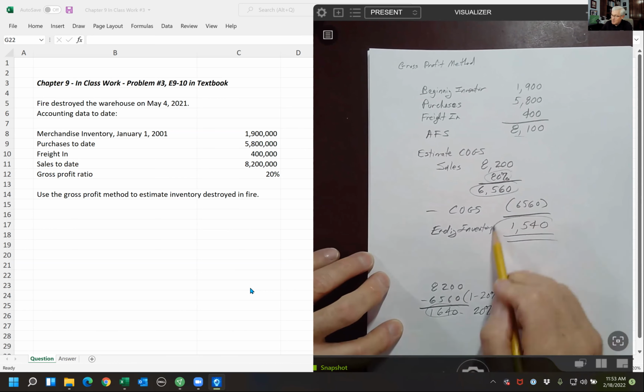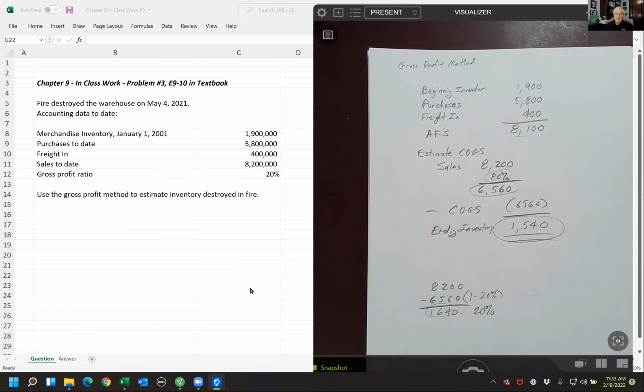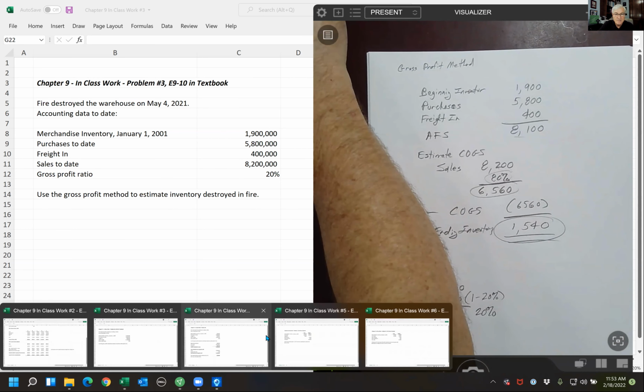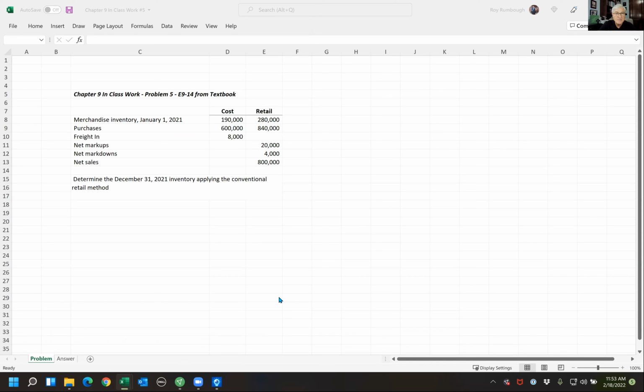And so there's my ending inventory, 1,540,000. Okay, that's it for the gross profit method. Hopefully you get that right. And hopefully you guys are pausing here, after you see the problem, and you try to work it.